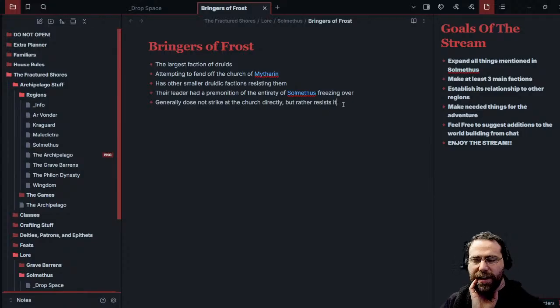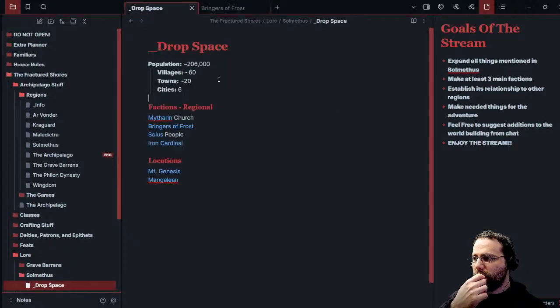So if someone says, I want to be associated with the Bringers of Frost, it's like, okay, this is what they're kind of about. Same thing if they say, I want to be from the capital. It's like, okay, here's what the capital is sort of like. Here's what the Iron Cardinal's followers are kind of like.